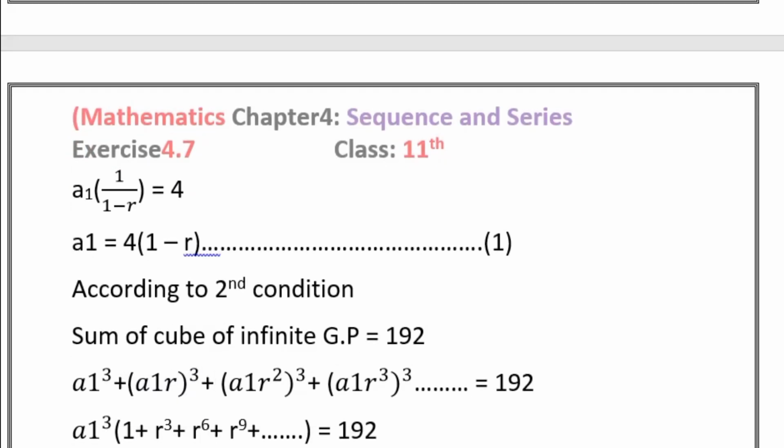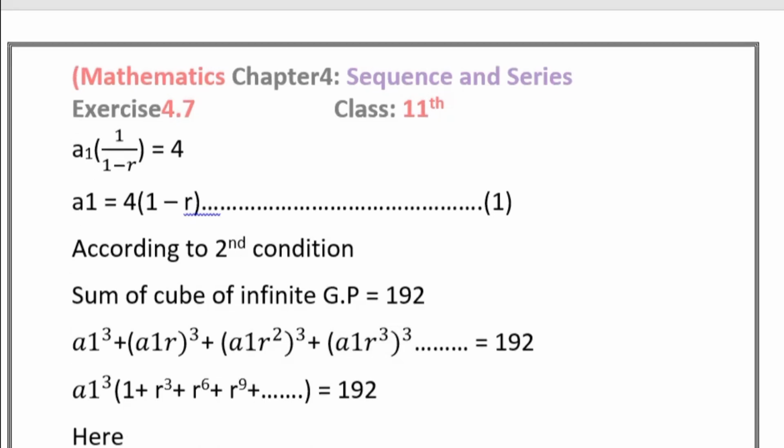According to the second condition, the sum of cubes of the infinite geometric progression is equal to 192. So a1 cube plus a1 r whole cube plus a1 r square whole cube plus a1 r cube whole cube is equal to 192. Taking a1 cube common, a1 cube into (1 plus r cube plus r power 6 plus r power 9 plus up to so on) equal to 192.